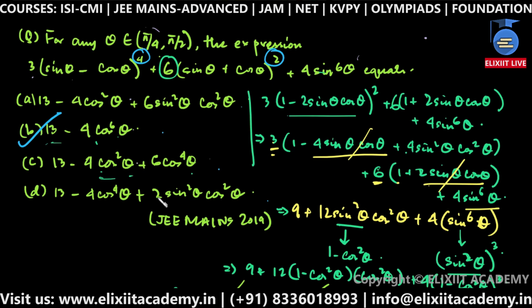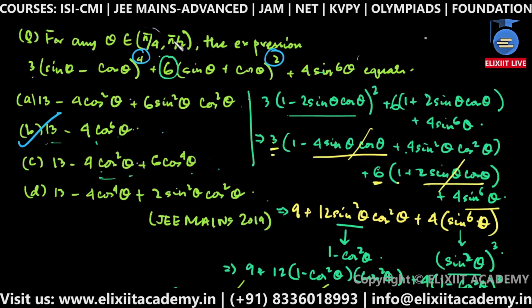Check whether values are equal or not. I think there will be two values equal. If you put theta as pi by 4, two options will give you the same value. Now to omit between those options, you are going to take the value of theta to be pi by 2 also and check.